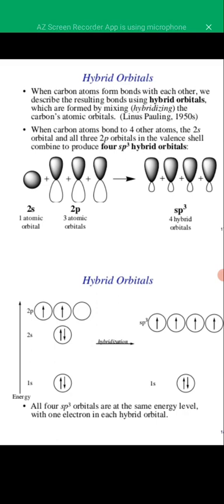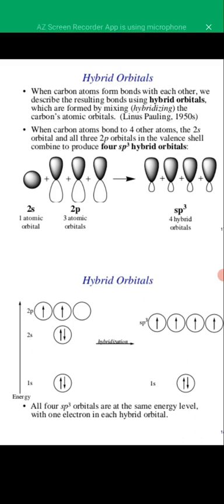Don't forget, in the ground state electronic configuration of carbon, you have 1s2. Our main focus is not even on the 1s orbital. Our main focus is on the 2s and 2p, because they are the orbitals that combine to form the new orbitals, the hybrid orbitals. Now, 1s2, we don't have an issue with that.